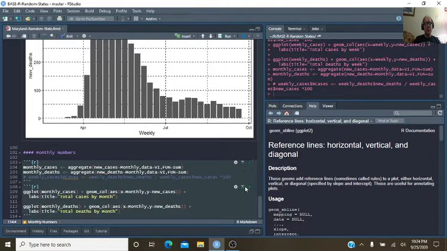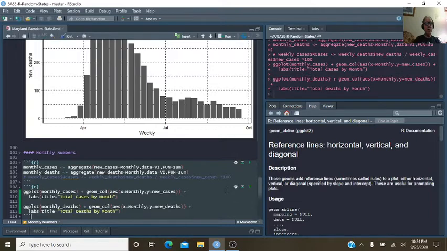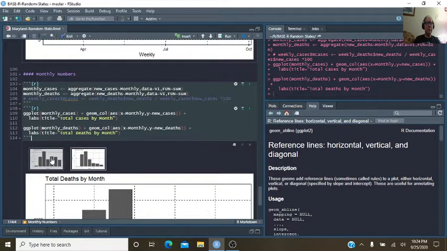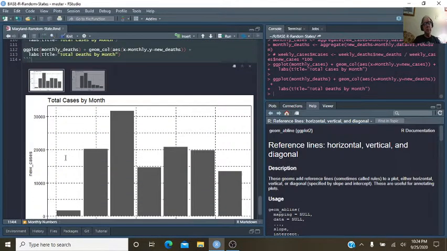Let's finish with some monthly numbers. Okay, so here's cases. In all probability, September's cases will not catch August.